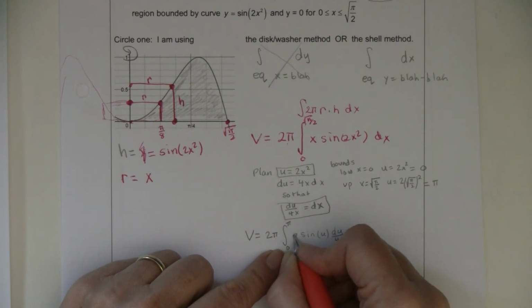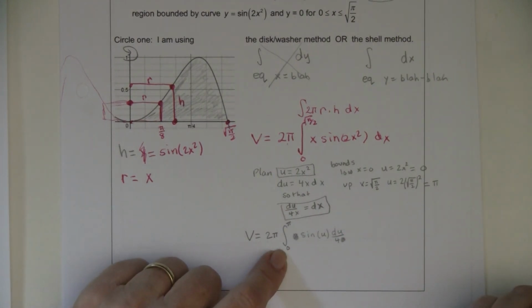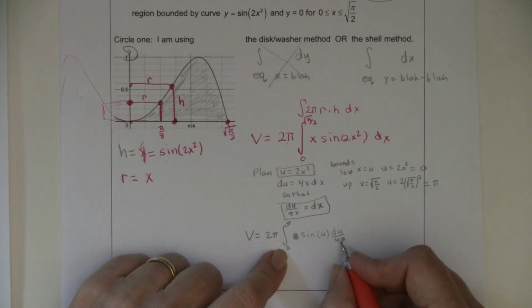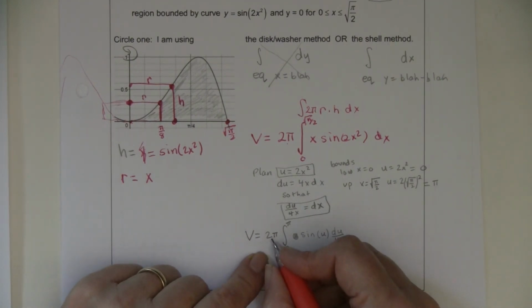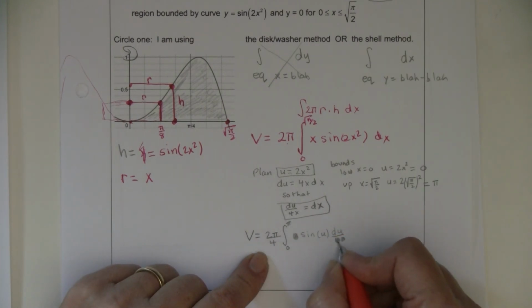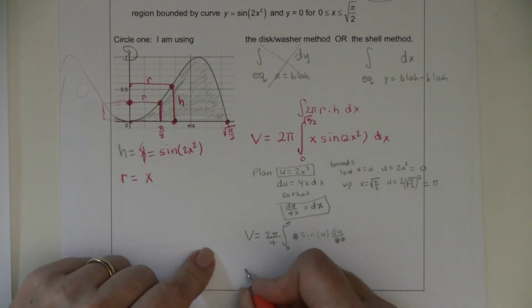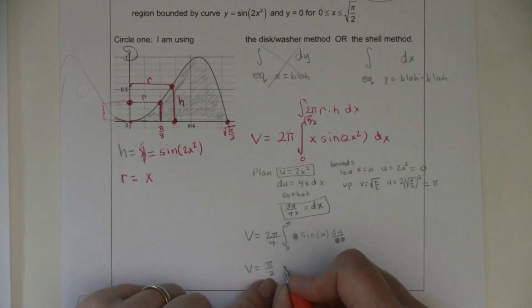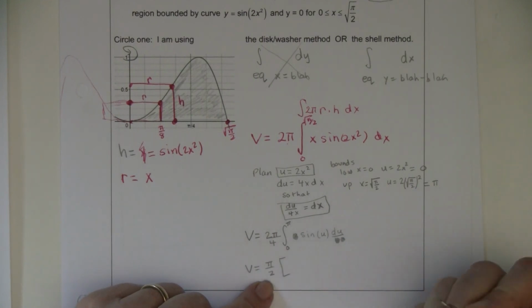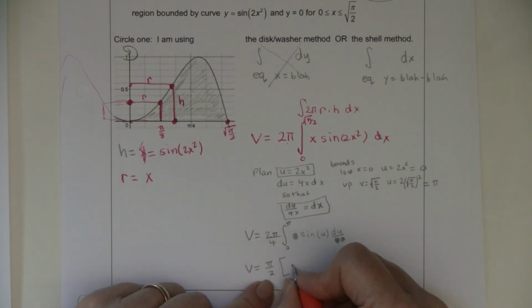It's going to cancel, right? And that's good because I can take the integral of sine of u du, and the 4 is just a constant, so it can be put out in the front, so over 4 out here, and I can get rid of that too. And so the volume equals pi over 2 times the integral of the sine of u, but now that's an easy integral to find.